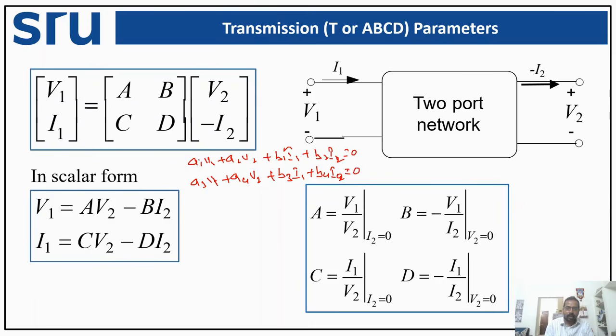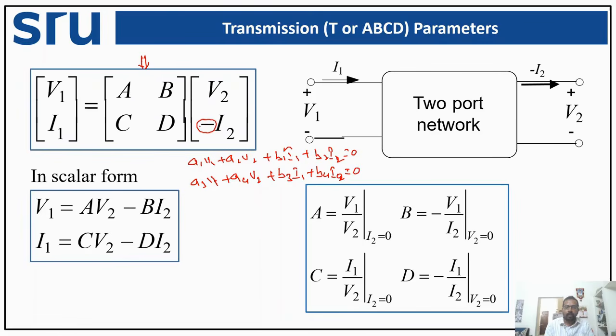So we are trying to have the input on one side and the output on the other side, and form this matrix: [V1; I1] equal to [A, B; C, D] times [V2; -I2]. Do remember this minus sign indicates the opposite of the convention.